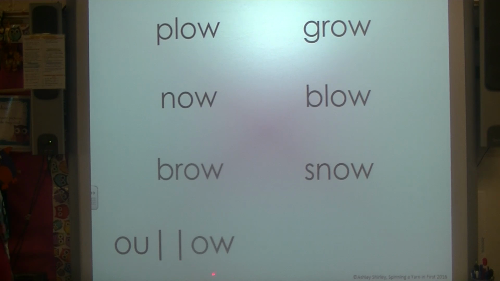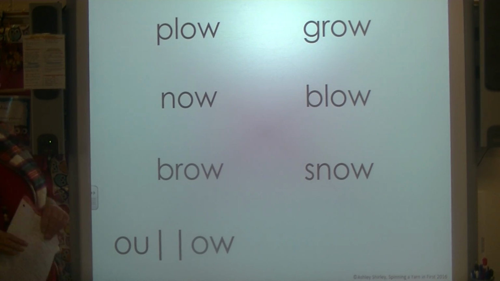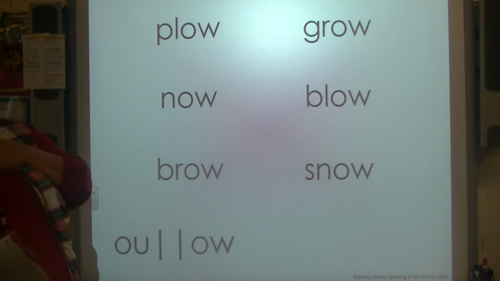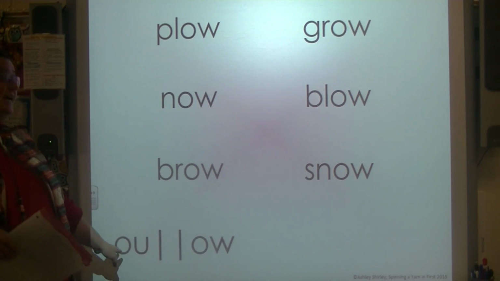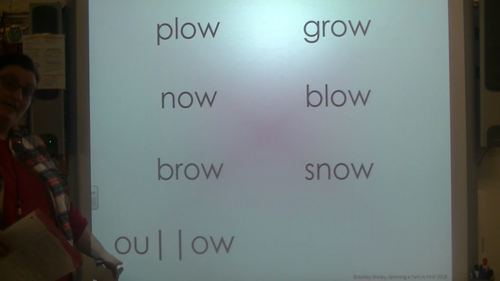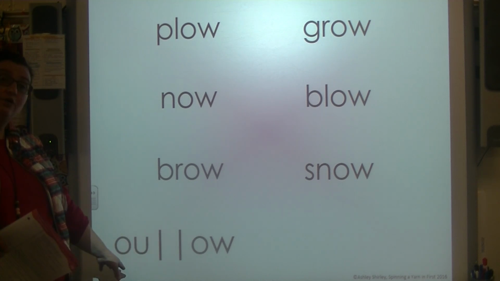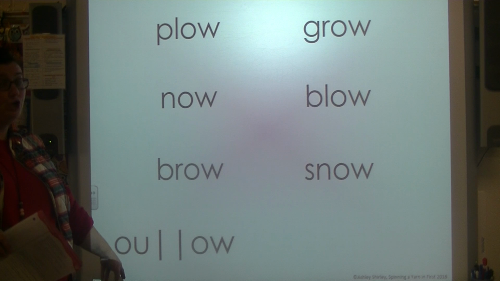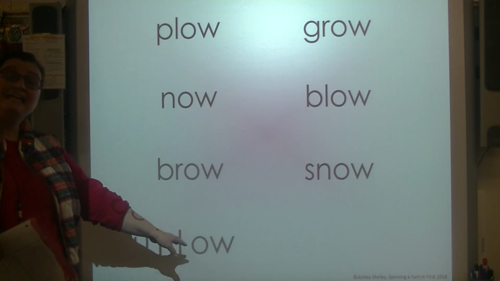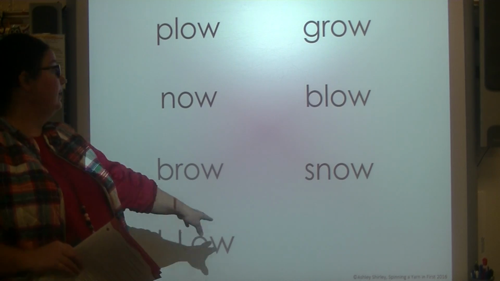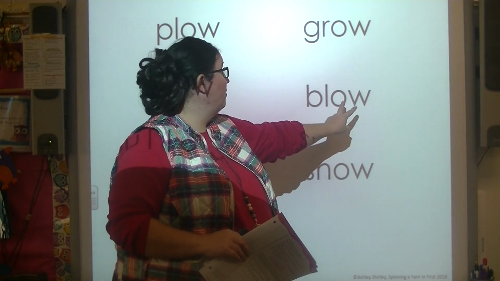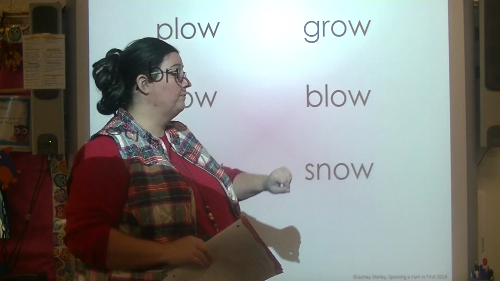O-U, final O-W. That means when you're spelling with the ow sound, most of the time, in the beginning, initial, or medial position, you spell with O-U. In the end of the word or final position, you'll spell with O-W, like in snow, blow, grow.